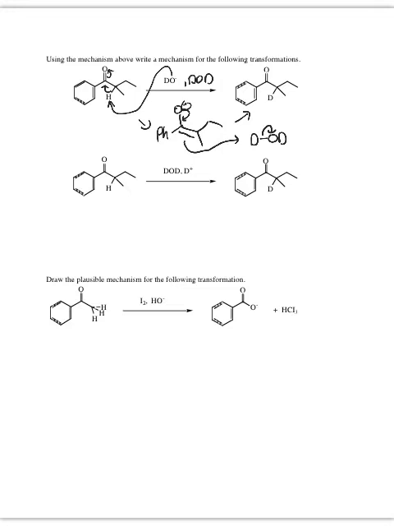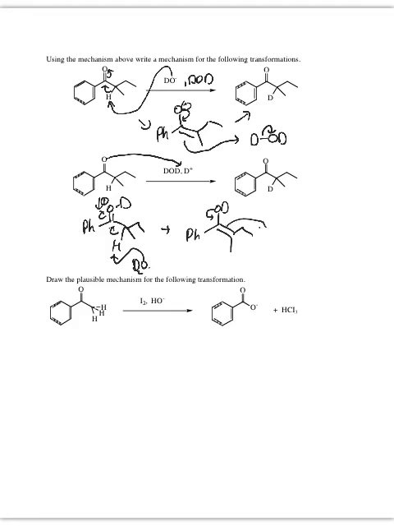In the next one here, we have acidic D2O. So the first thing that happens is we have to protonate our carbonyl, and then we can remove the hydrogen, forming the enol, and then the enol can go grab a hydrogen or a deuterium, whatever you're going for.